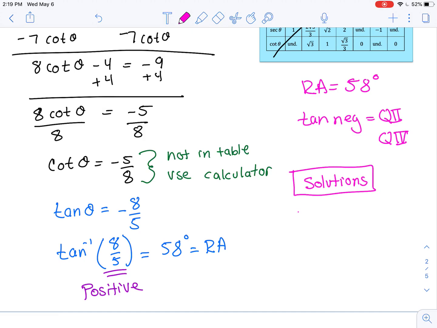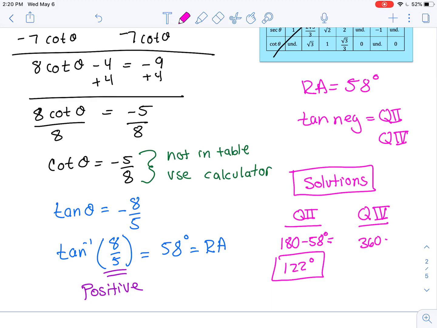My quadrant 2 solution is going to be 180 minus the 58 degrees, so that's going to give me 122 degrees. There's my first solution. And my quadrant 4 solution is going to be 360 degrees minus my 58 degrees, which is going to give me 302 degrees. So there are my two solutions.